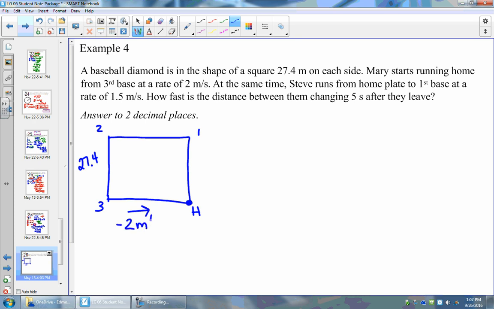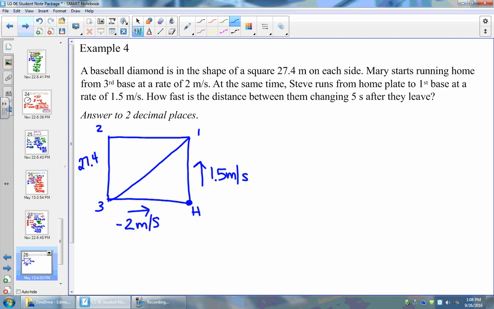So that's going to be negative 2. Steve, at the same time, is running from home plate to first base at a rate of 1.5. So obviously that's going away. That's going to be a positive. How fast is the distance between them changing 5 seconds after they leave?